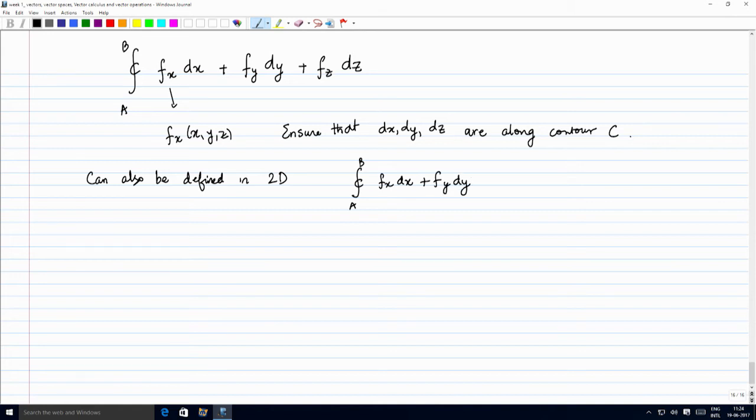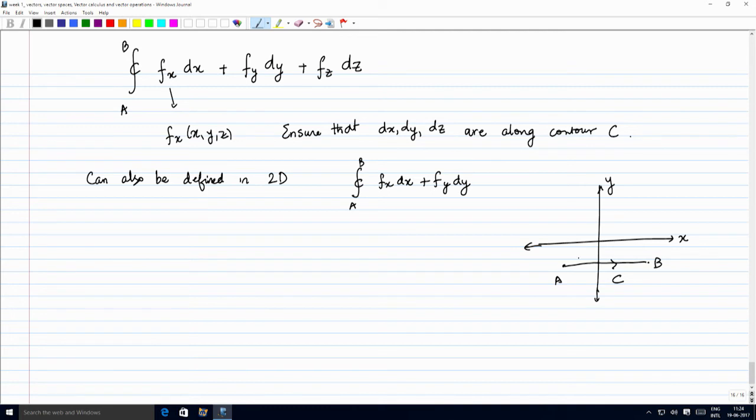At least in 2D it is easy to show the contour C. If you have this x y plane, and a point A and a point B, your contour C might be some sort of path that goes from A to B. So, you could have a contour that looks like this. This is my contour going from A to B.